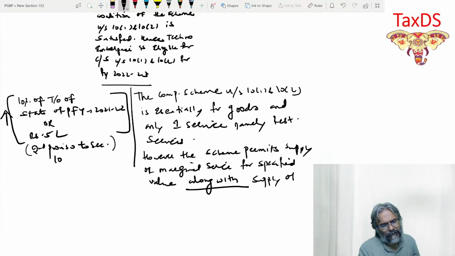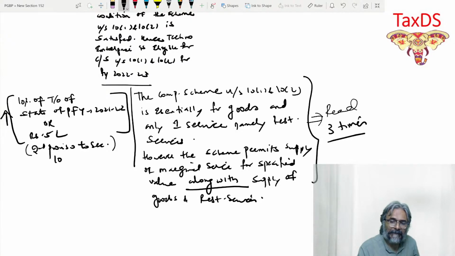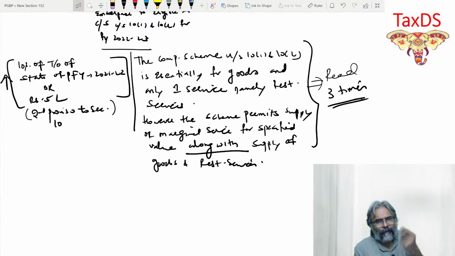Supply of goods and restaurant service. This you will read 3 times. This is a standard statement. Read it 3 times, students. After that, sometime revise 3 times. So this is a standard statement. Whenever you have to introduce marginal service in this context, this is how you're going to introduce it.